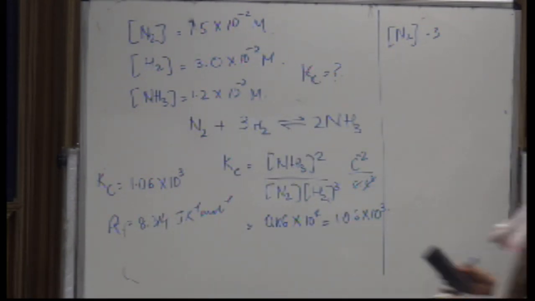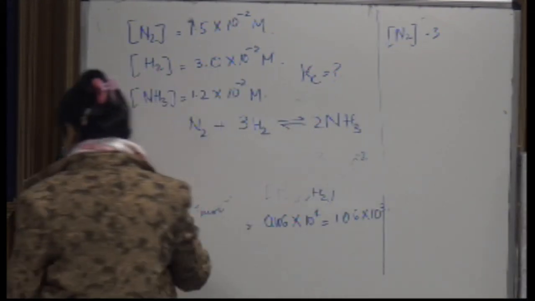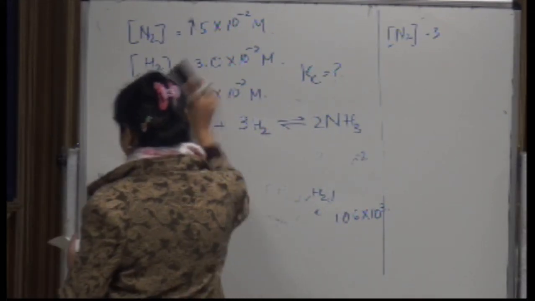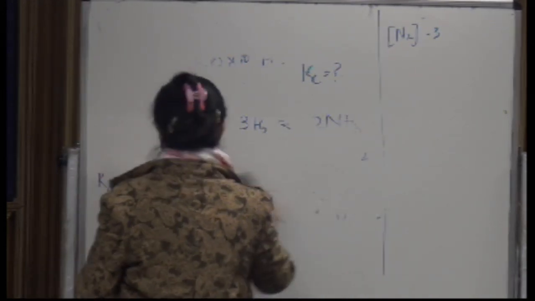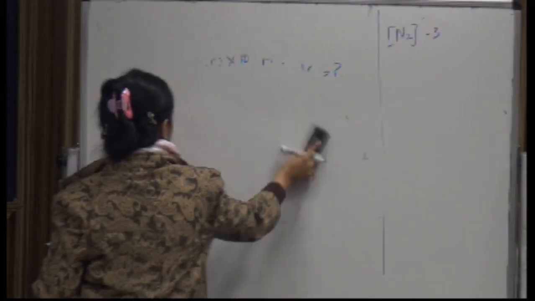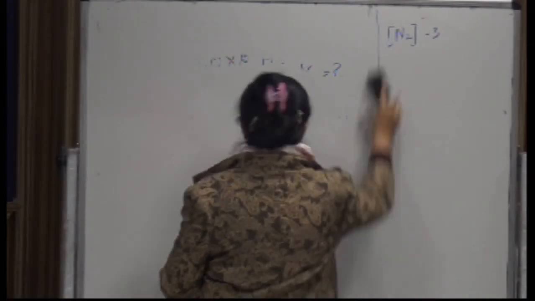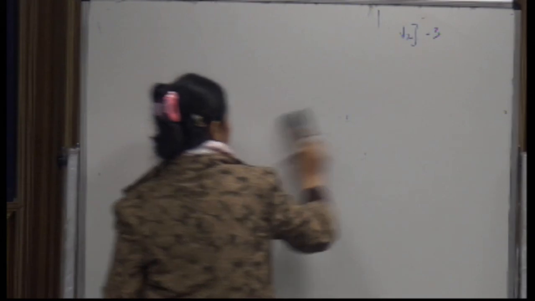Okay, then take down the next question. At equilibrium, the concentration of N2 is given as 3 into 10 to the power minus 3 molar. Concentration of O2 is given as 4.2 into 10 to the power minus 3 molar, and concentration of NO is given as 2.8 into 10 to the power minus 3 molar.